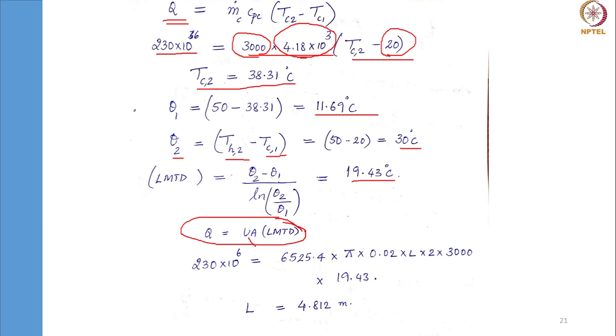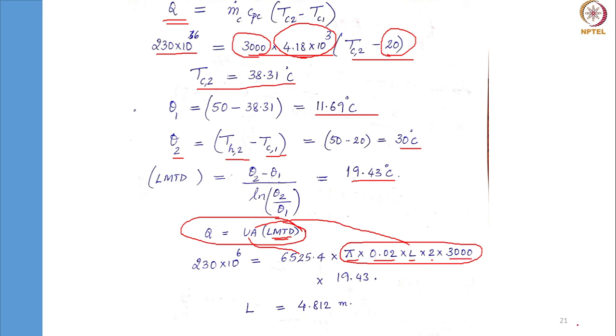We found out U, and then we are interested to find out the length. We already know the LMTD. So we are going to play with L now. We are going to play with A now. So that is nothing but pi d L times number of passes into number of tubes.